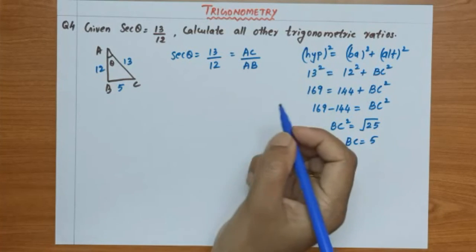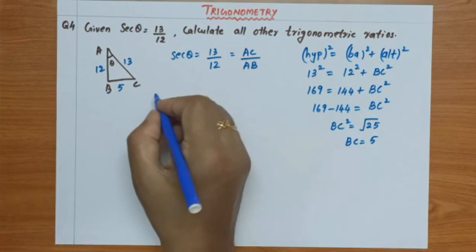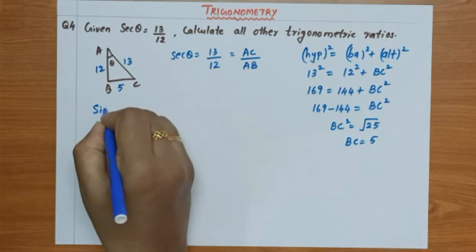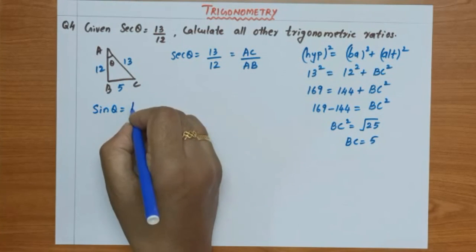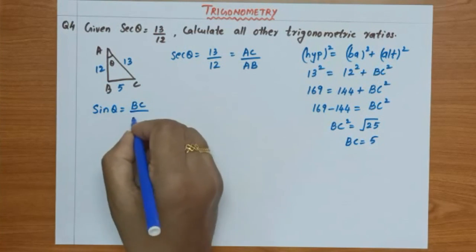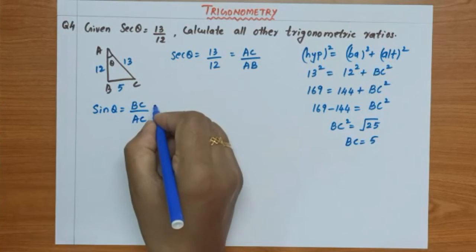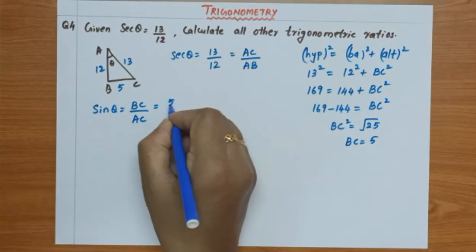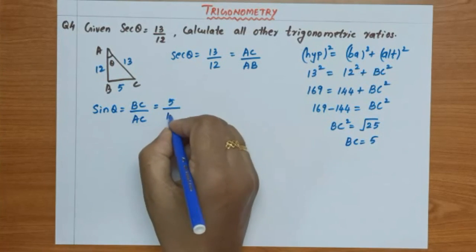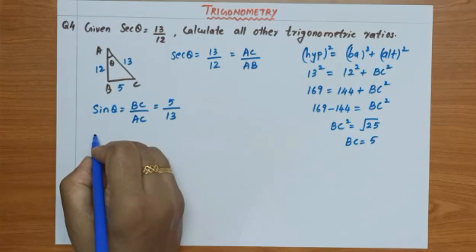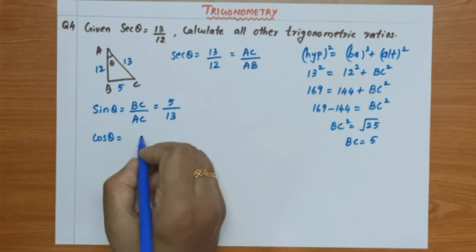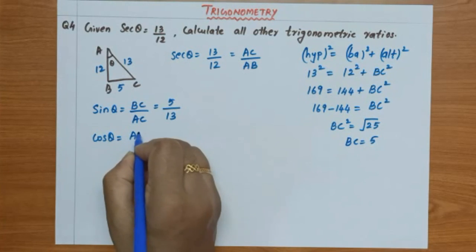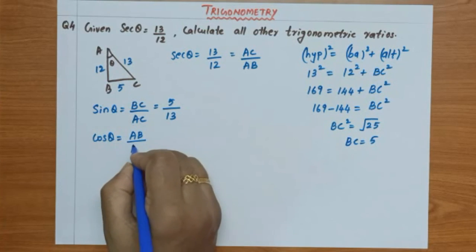Now we can find out the other trigonometric ratios. Sine theta equal to opposite side by hypotenuse, that is BC by AC. BC it is 5 by AC it is 13. Cos theta equal to adjacent side by hypotenuse, that is AB by AC.